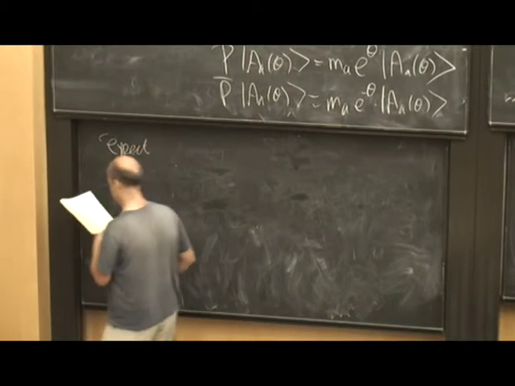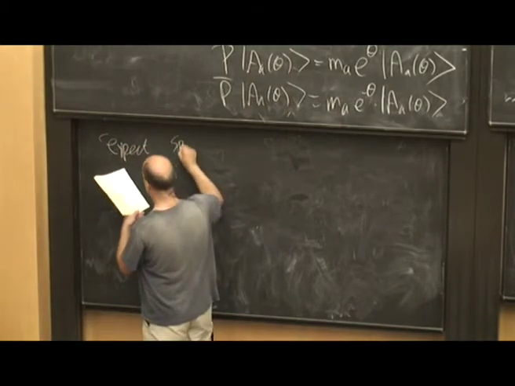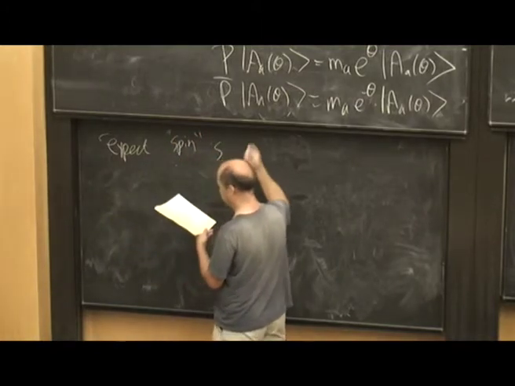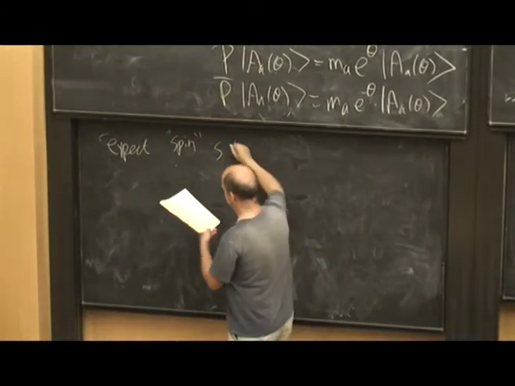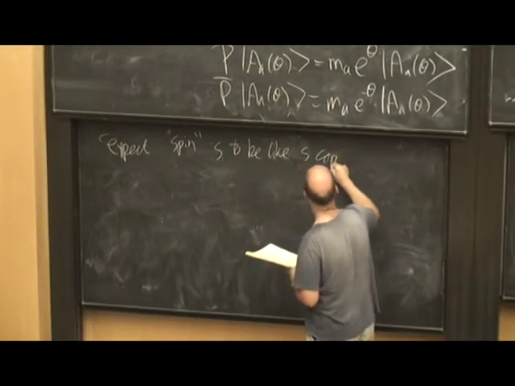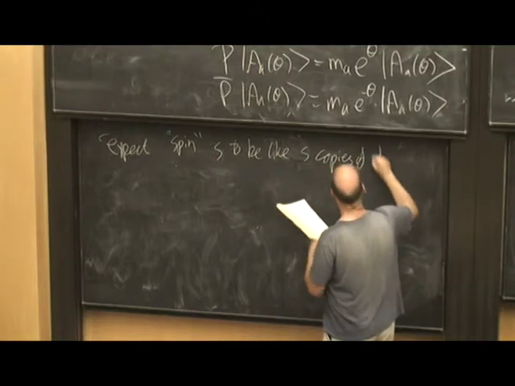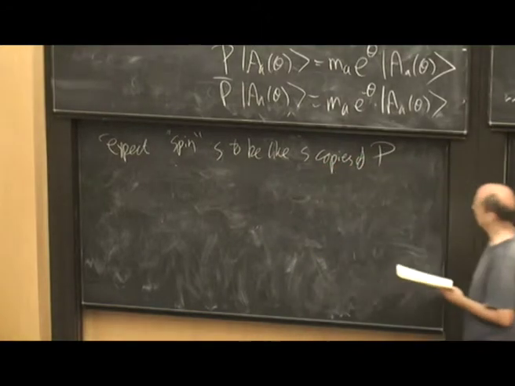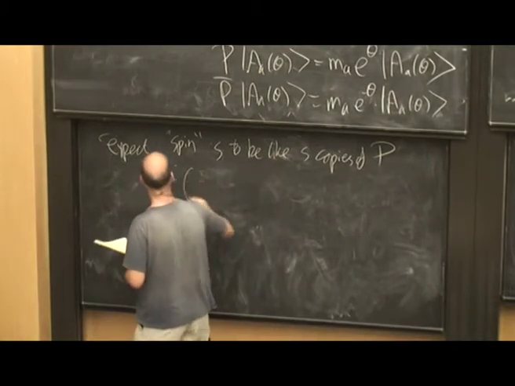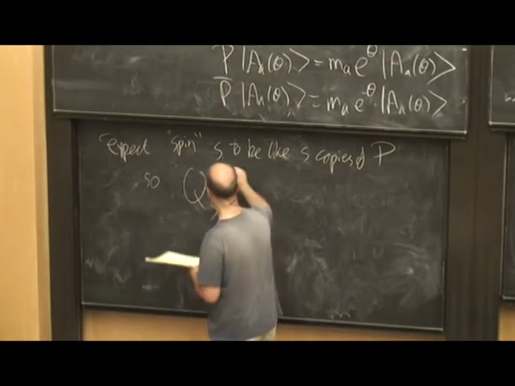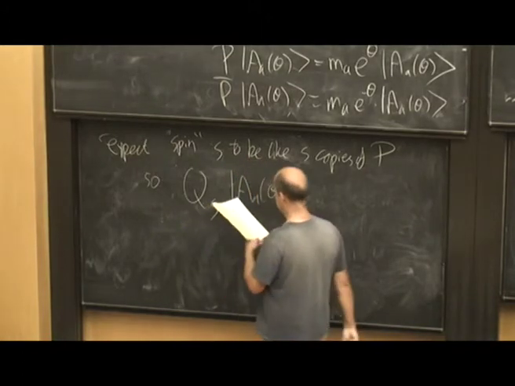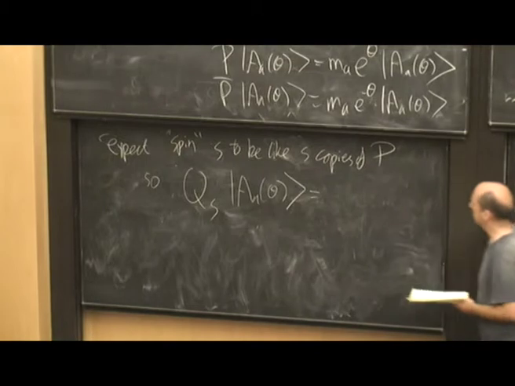spin S, in this simple case, to be like S copies of P, momentum. So you'd expect some gadget like Q_S on A_a(theta).